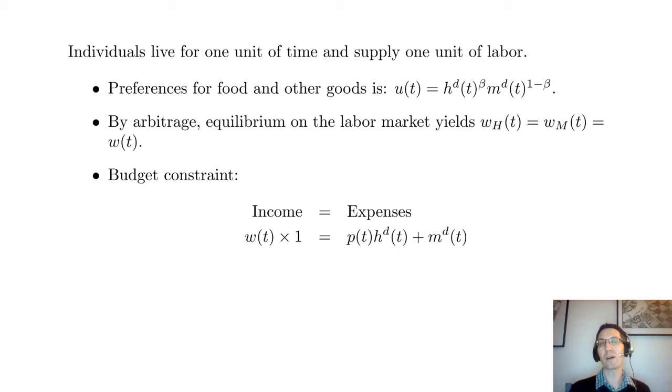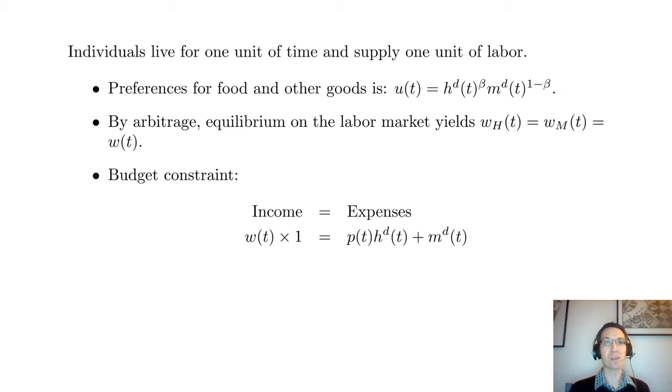It's a preference for harvest demand, the amount of food demanded by the islander to the beta, times the amount of other goods demanded by the islander to the 1 minus beta. So that's the utility of one islander.